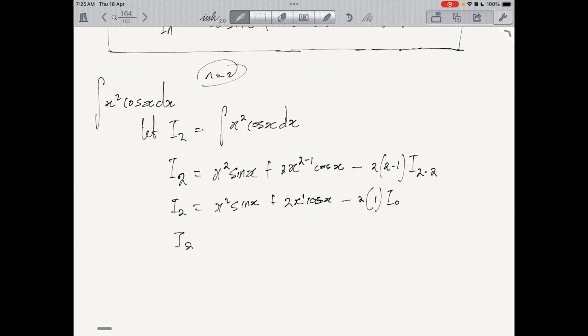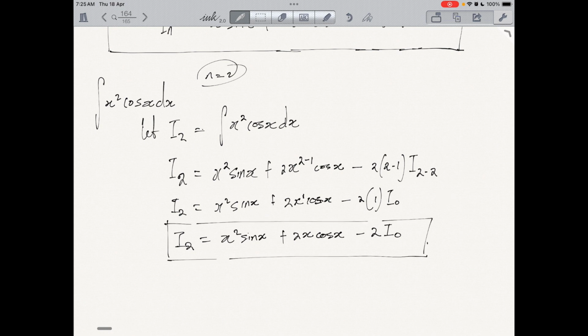So we can write I_2 to give us x squared sine x plus 2x cos x minus 2 I_0. Now, if you look at this expression of I_2, we'll see that what is missing that we are yet to find is I_0. So let us evaluate I_0.